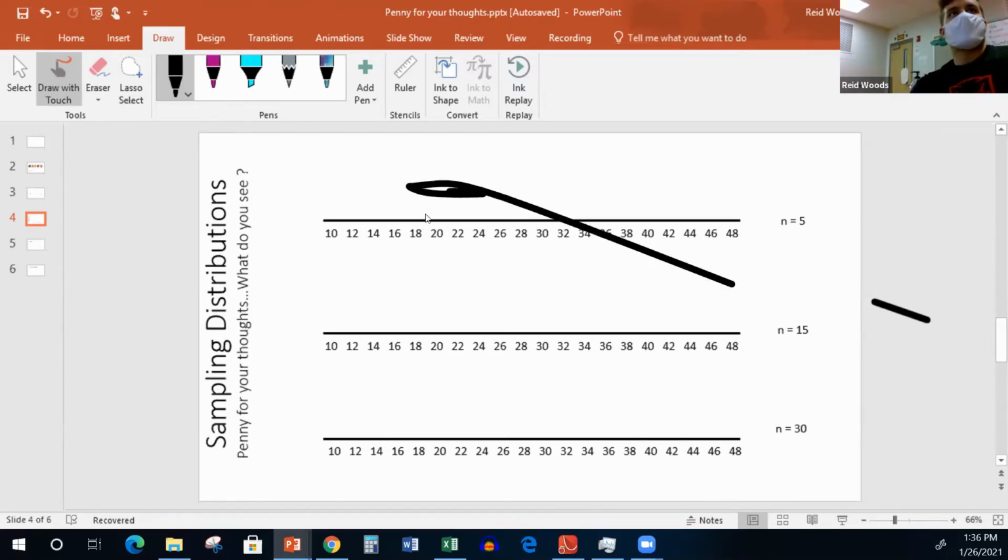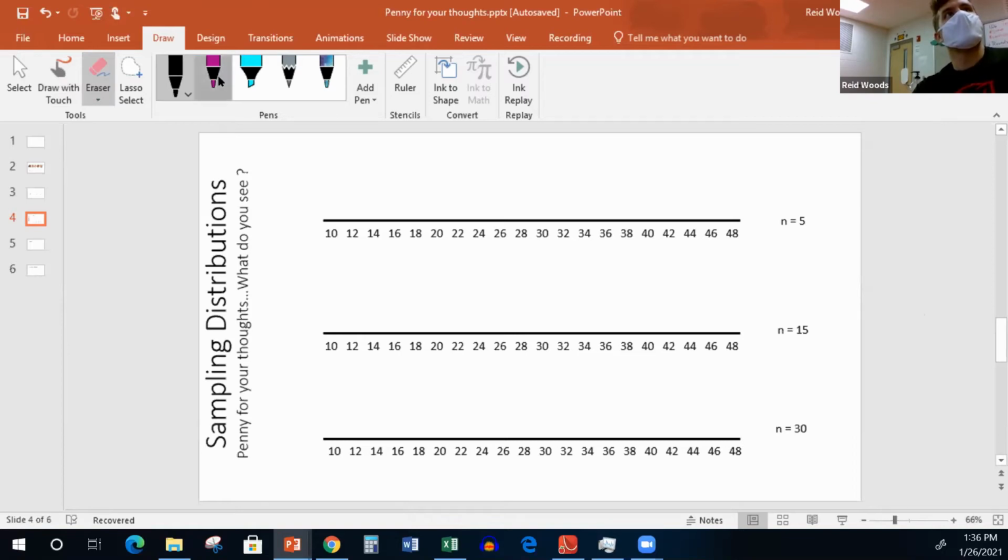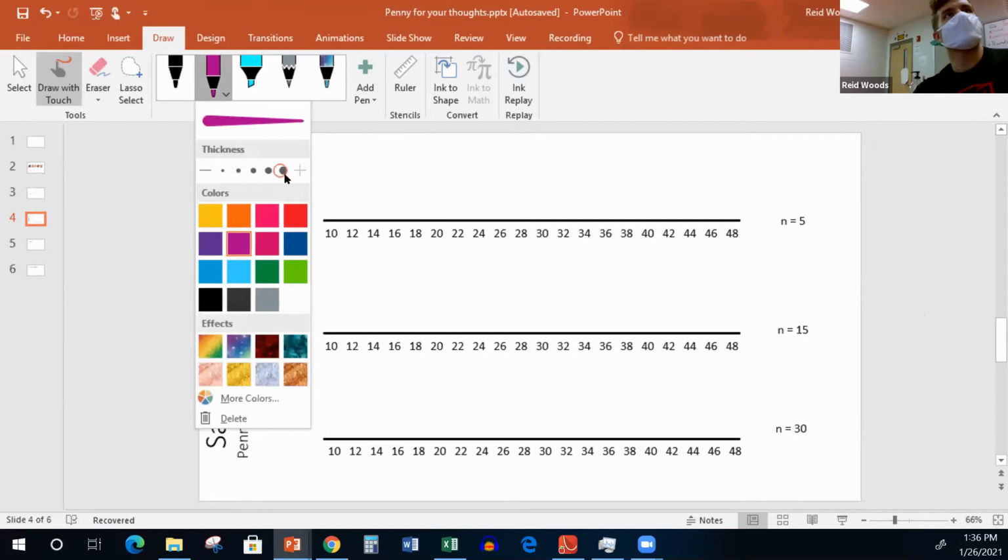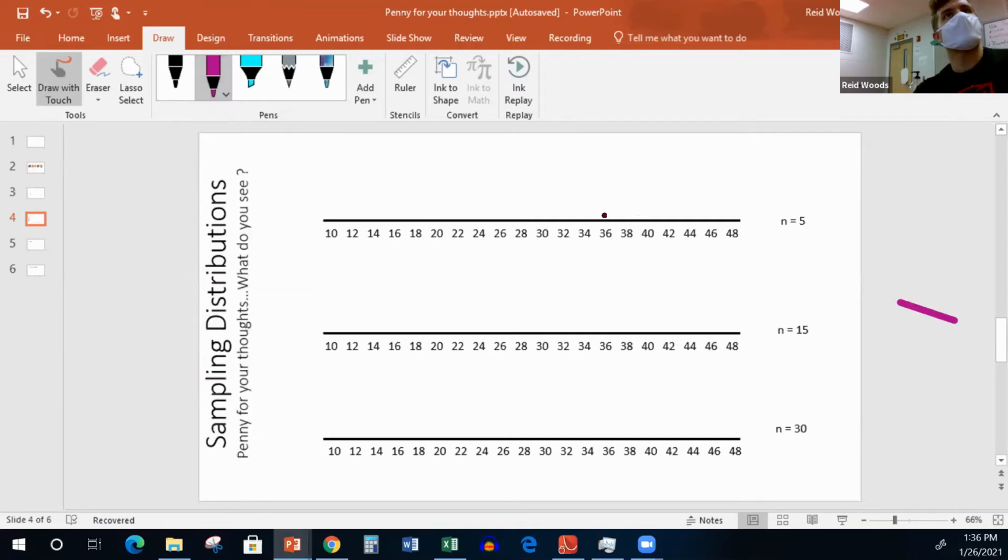I don't know if this is going to work the way that I hoped it would. Maybe this one will work. Yeah, this isn't it. Okay, let's find another way here. We're trying to put this point at 37. Let me see if this works. Oh no, it did not work.